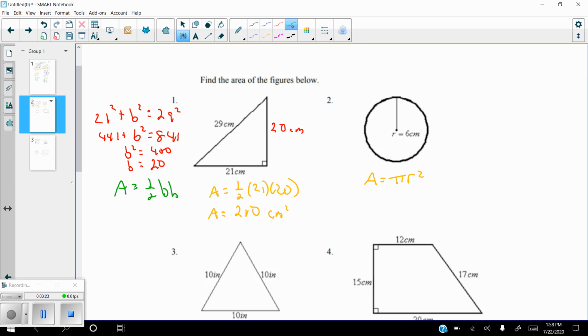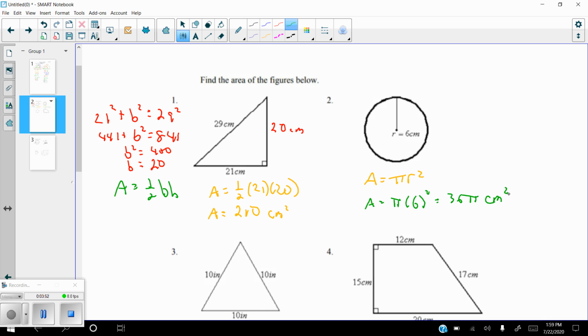R is 6, so in this case the area is going to be pi times 6 squared, which is just 36 times pi. In most cases, from now on, you're going to want to leave pi as pi. We don't want to use the decimal approximation unless somebody actually tells us to. And once again, it's an area, so the units are square centimeters.